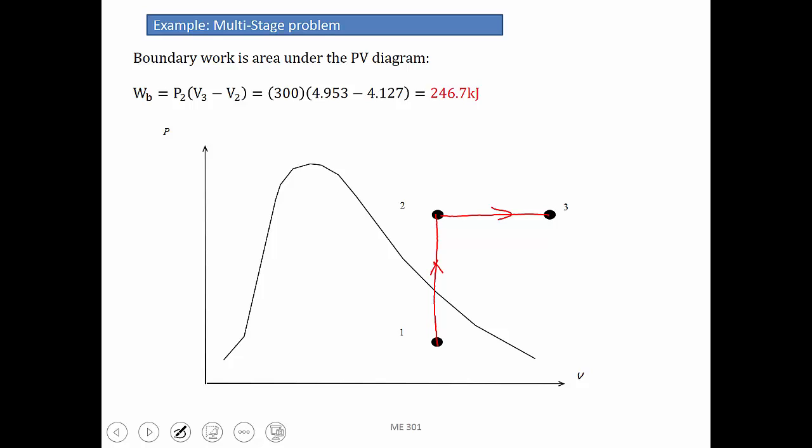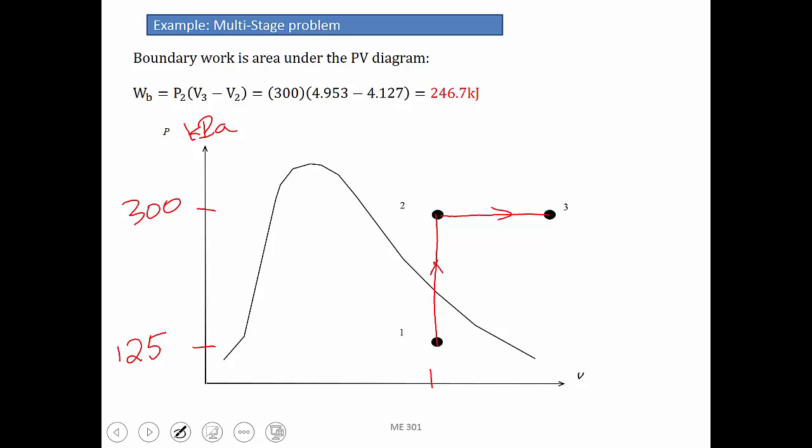The pressures at these given points are 125 kilopascal and 300 kilopascal.